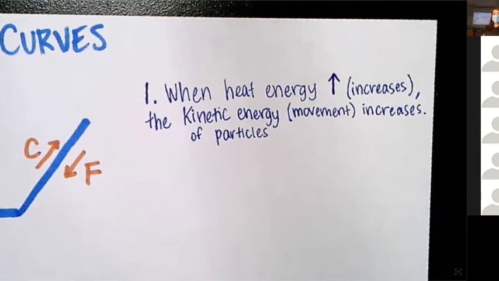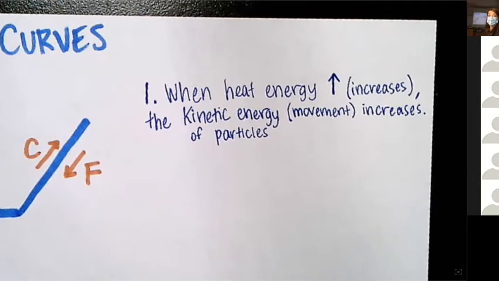So I want you to think about it like this. If you are stuck inside a room and they turn the temperature up really, really high, it's going to become really uncomfortable for you. You're probably going to want to find a way out. So what happens is you'll start to move a little bit faster, right?